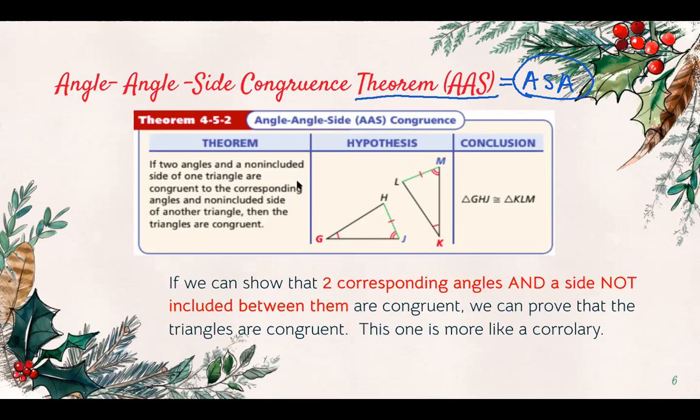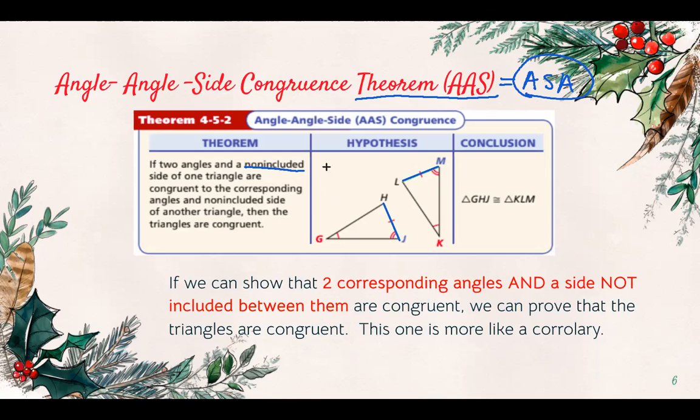So looking here, angle side triangle congruence is if two angles and a non-included side. The non-included side means the side that's not in between. Notice that HJ is not in between the two angles, and LM is not in between. That's what we mean by non-included.